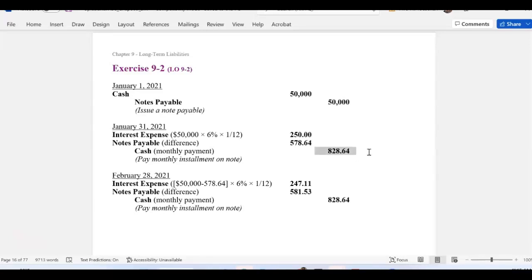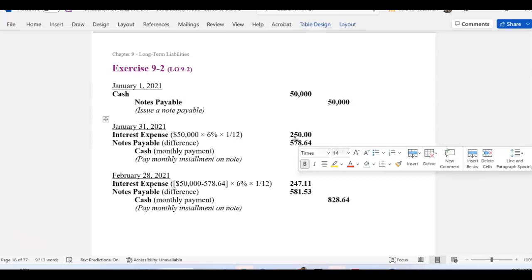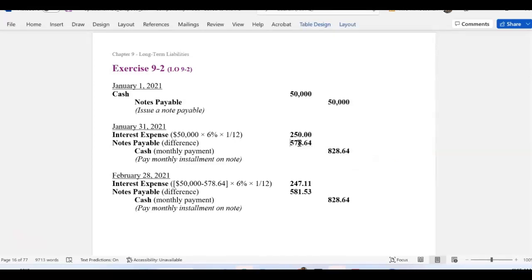However, you are paying $828.64. So here is the plug. The plug is for the difference between interest expense and cash payment, which is $578.64. That is a reduction in the principal.